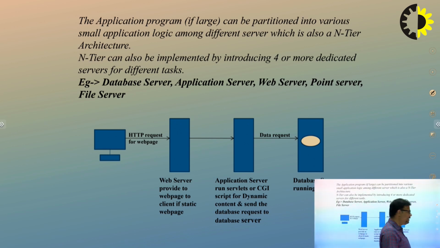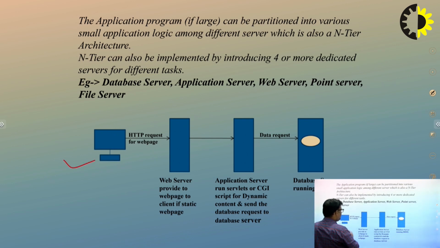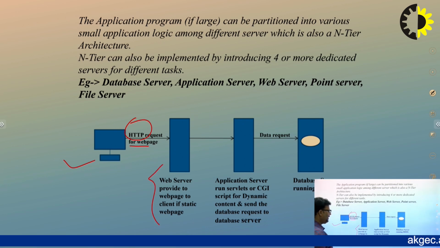Okay. So here there is a client. This client sends the request using the hypertext transfer protocol through web pages. The web server provides the static web page to the client, and sends the information to the application server.